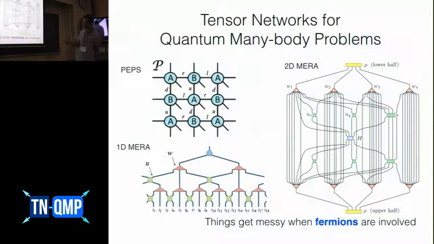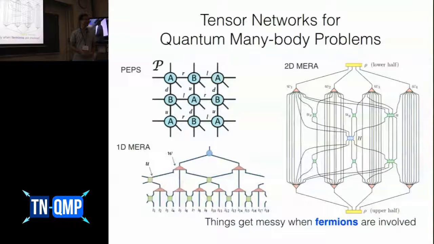Okay. My experience is that if you start from scratch, it might take you a year to make this work, just debugging all this, making sure all the indexes are connected properly. And I think there are only very few people in this audience that have experienced 2D MERA, Arada-san and Philip.